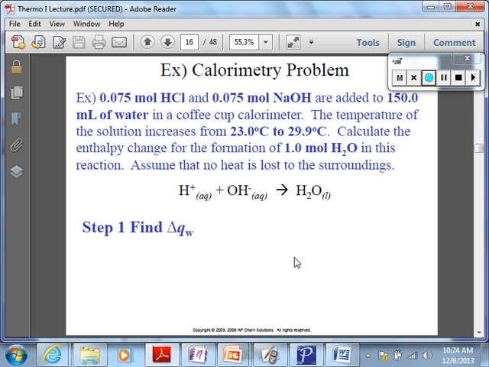Alright, so mass first. Delta Q equals the mass of what? Water. What did they tell us about the water? 150 milliliters. Okay, good. Now, an important fact about water is that 1 milliliter equals 1 gram.